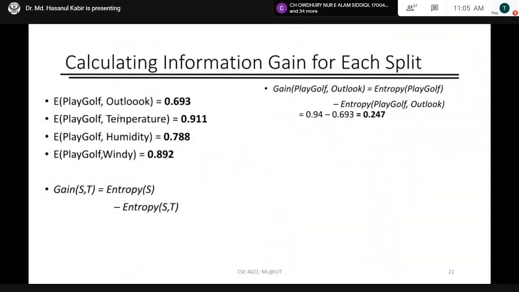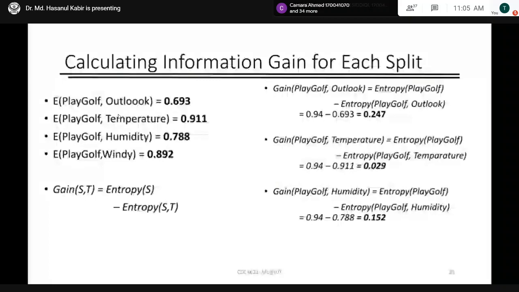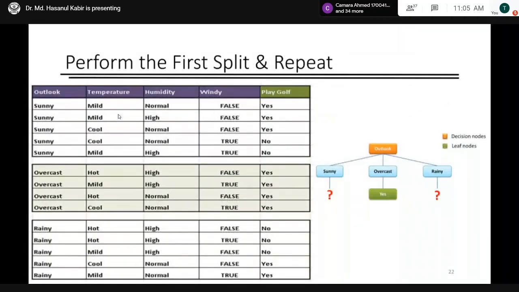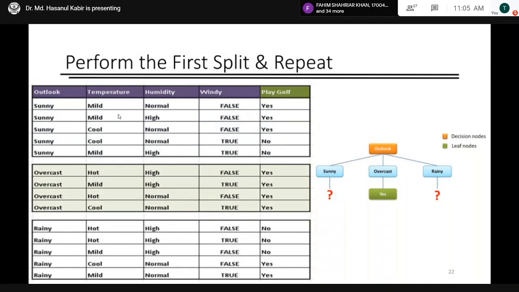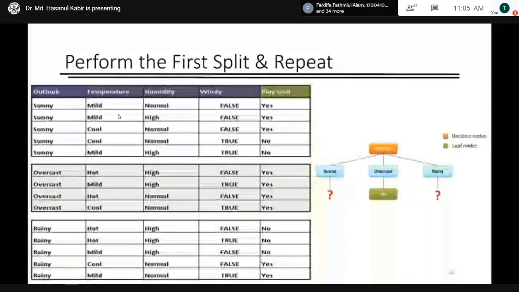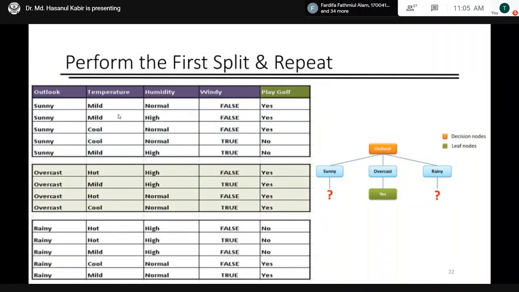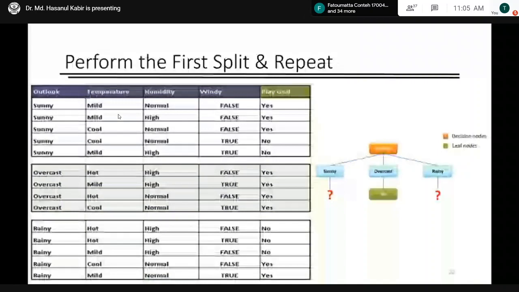So I will talk about information gain soon. Don't worry about this one. At the root branch, if I want to do the split, which attribute did I pick? Outlook.